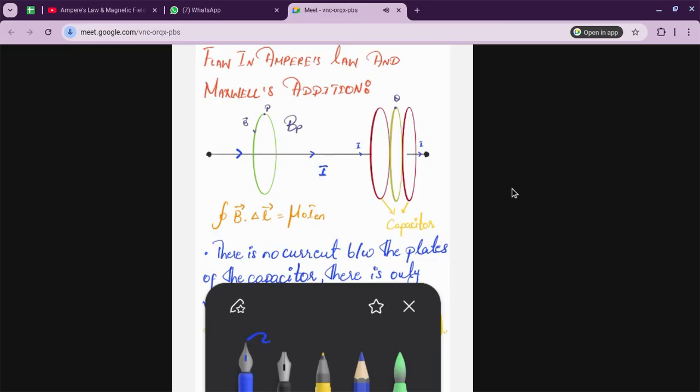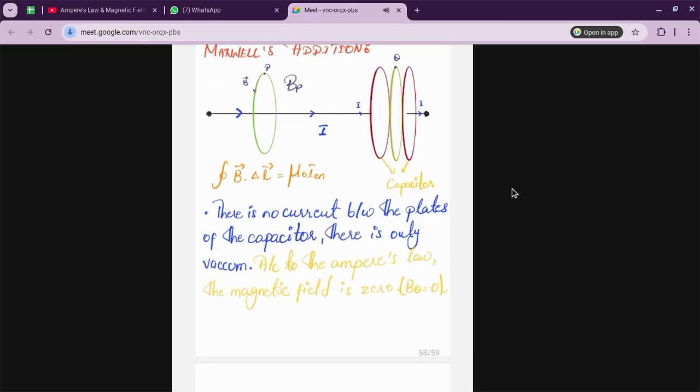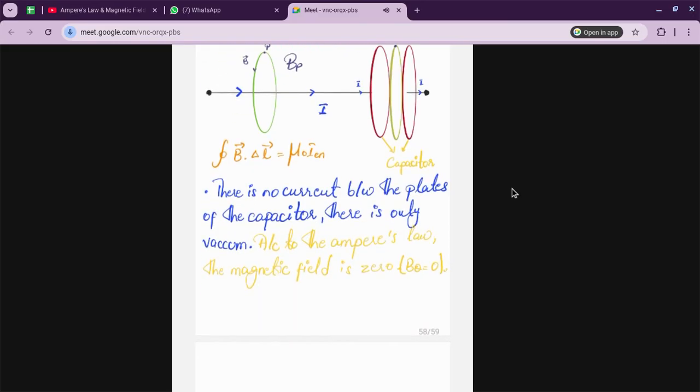But now here's where the interesting part comes up. This is the theoretical part. According to the theory of Ampere's law, there has to be no magnetic field in between the plates of the capacitor.